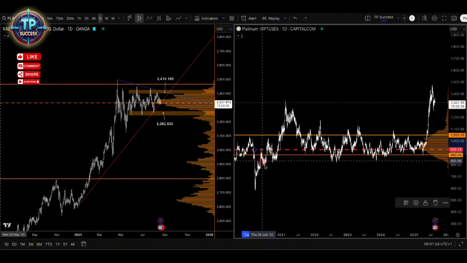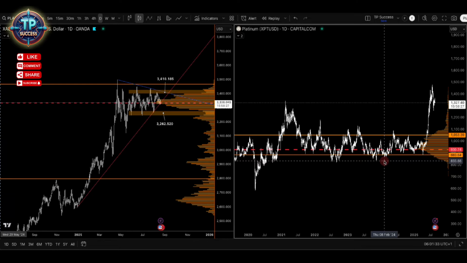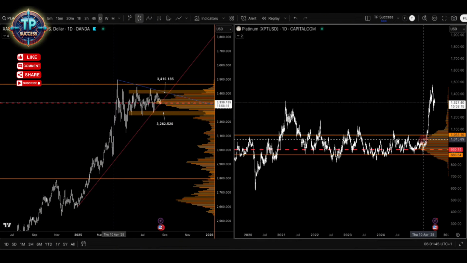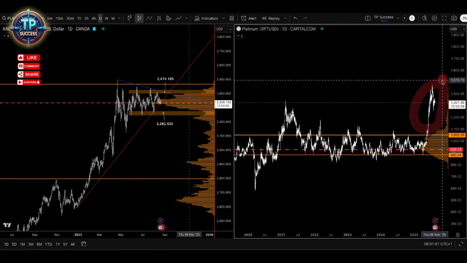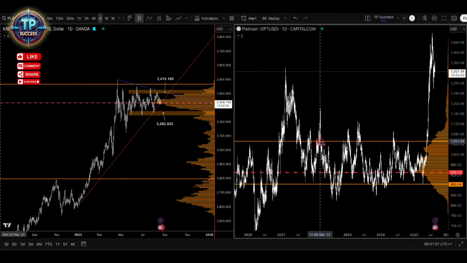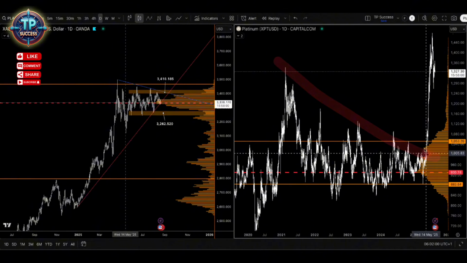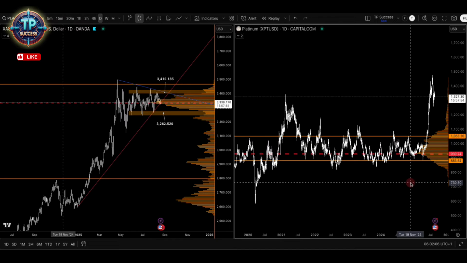So let me just drop this in here like so, and so we do have platinum outside of the value area high, and we have it in the low value area, which is up here, right? That's what we got going on there. We can definitely see that it's knocked out the trend and gone all the way up. So whoever got timed that in correctly, you're laughing right now. So that's great.